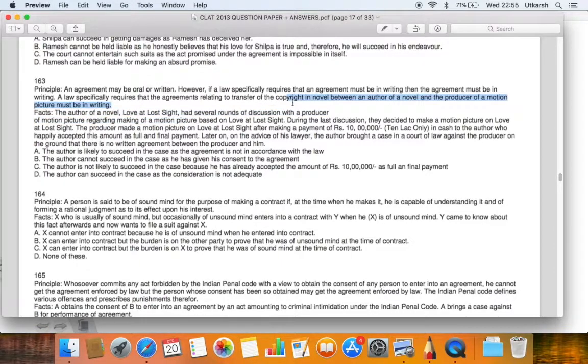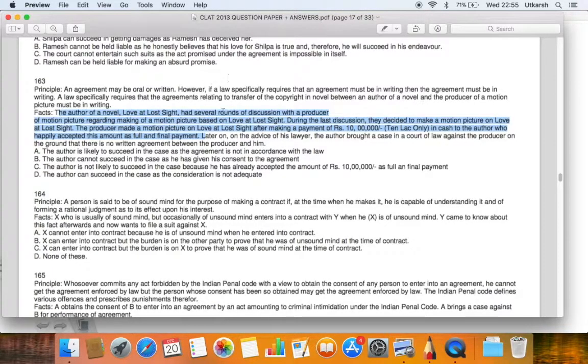Copyright in a novel, I hope you know this much basic law, basically means whatever authorship rights you have over the novel. In the facts, all these facts are irrelevant.